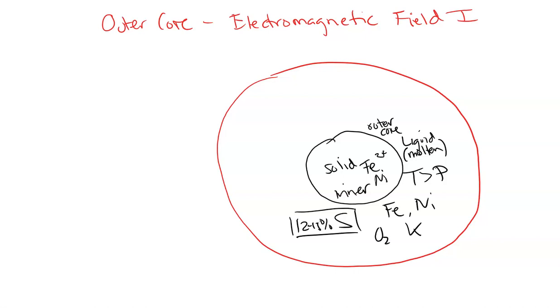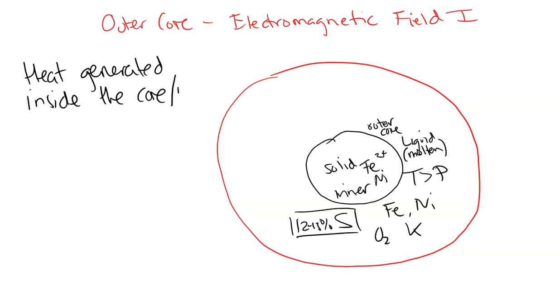And there is an insane amount of heat being generated in this core through two main reasons. Heat is generated inside the Earth, and mostly inside of the core, through, one, radioactive decay.